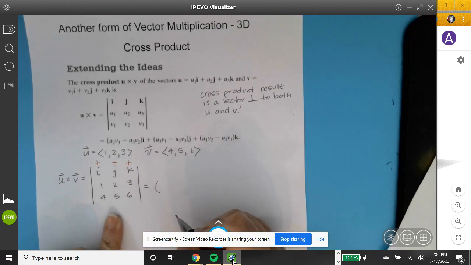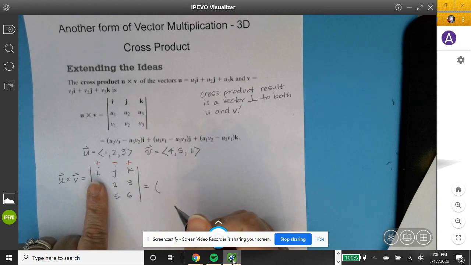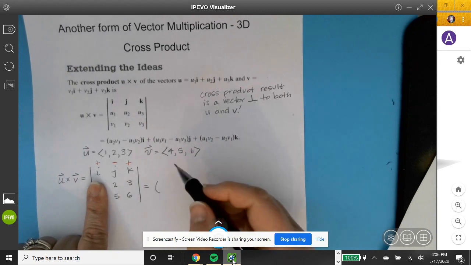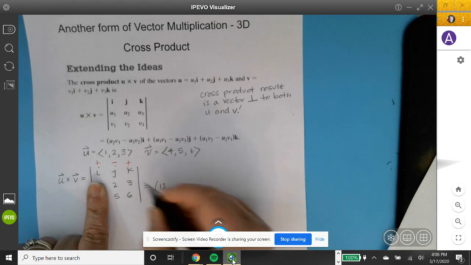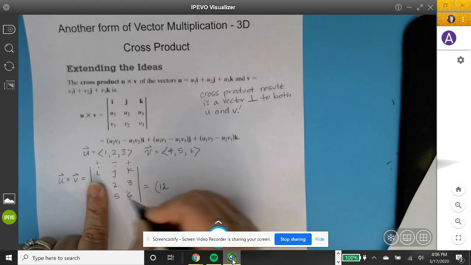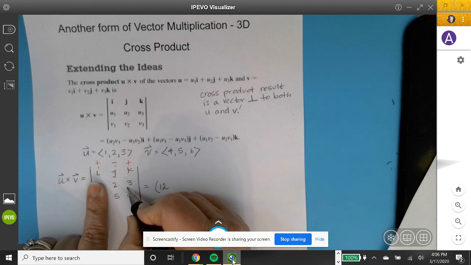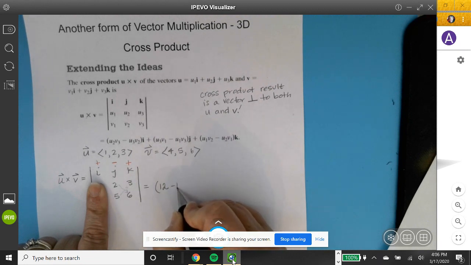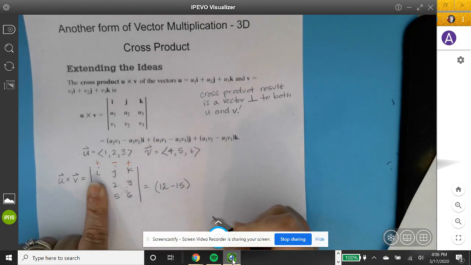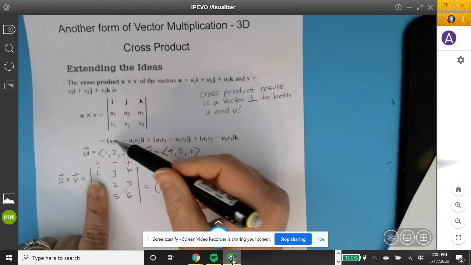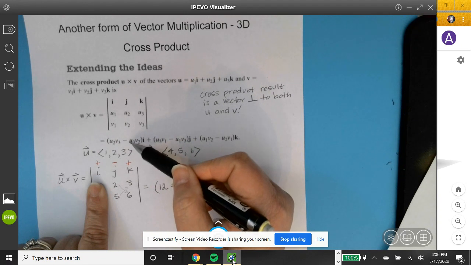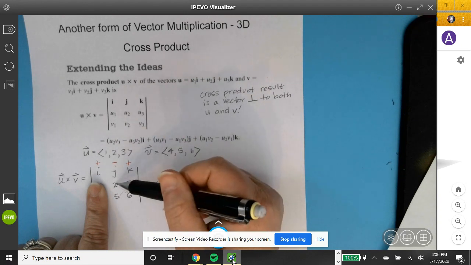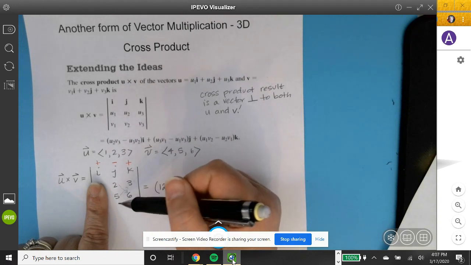I'm going to put parentheses here, and then I cover up the components in the first column. And then I take 2 times 6, which happens to be 12. So I'm going to go down 2 times 6, and then I'm going to subtract going up. So that would be minus 15, because 5 times 3 is 15. And you'll see that this is u2 v3 minus u3 v2. So we're going to multiply down, subtract going up.